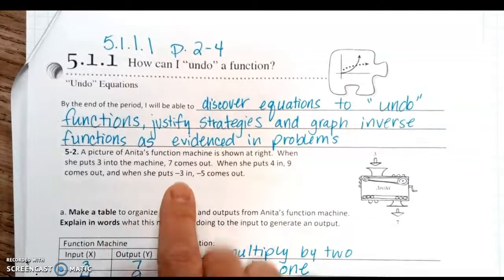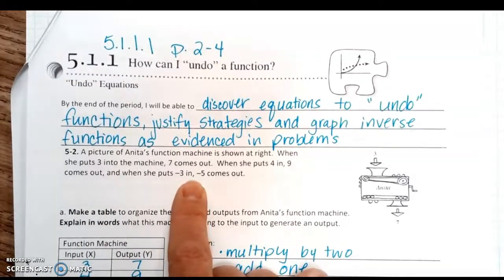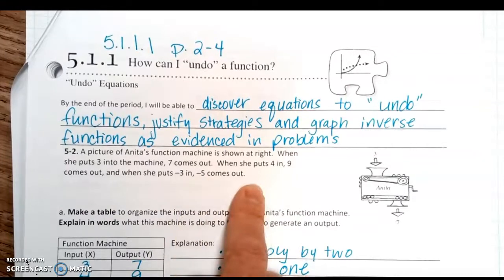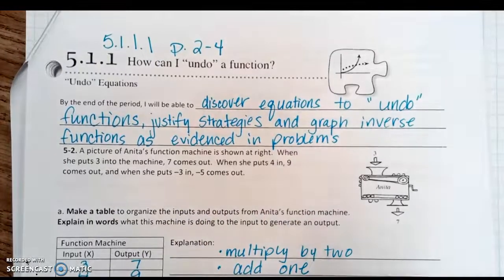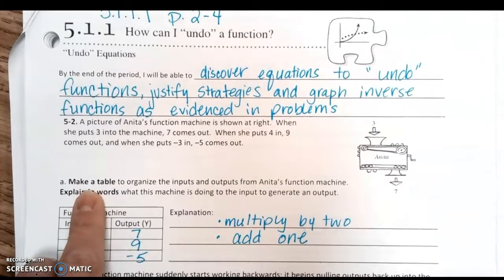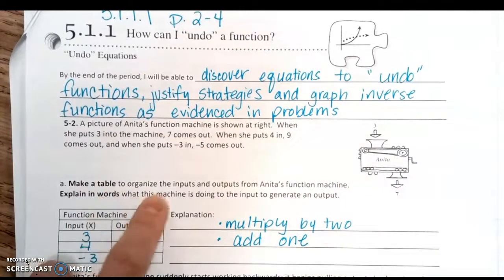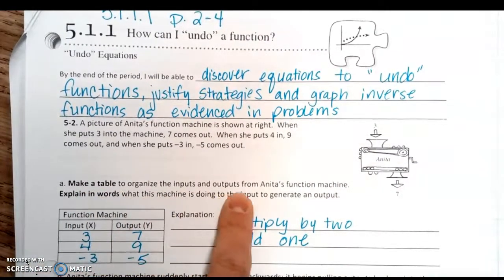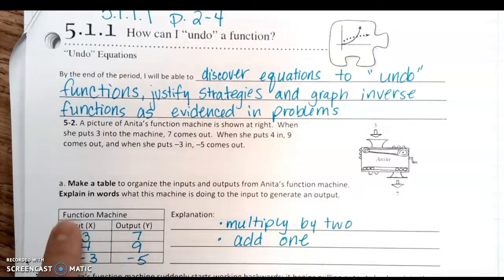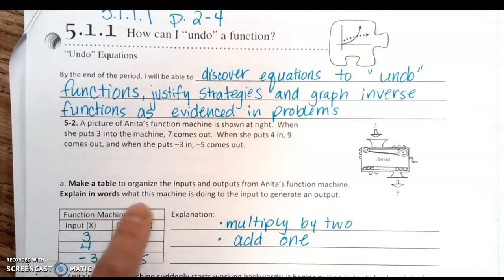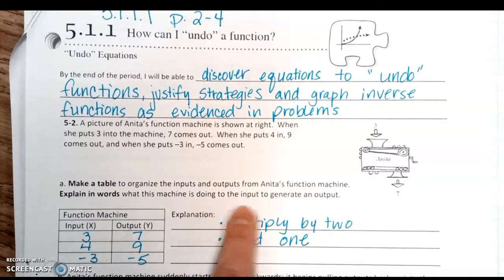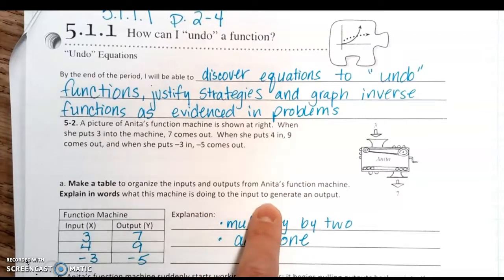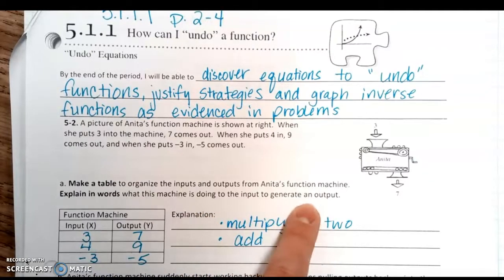And when she puts -3 in, -5 comes out. Okay, so the first thing they want us to do for part A is to make a table, organize the inputs and outputs from Anita's function machine, and then we're going to explain in words what this machine is doing to the input to generate an output.